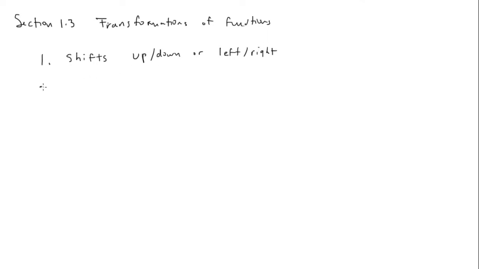The second kind that we can describe is scaling, and this can either be in the form of a stretch or a shrink, and we can do both of these in either the horizontal or vertical directions. And then the last one are reflections, either about the x-axis or y-axis.